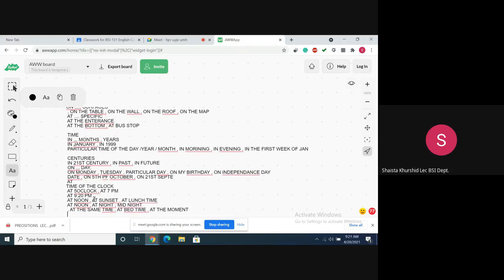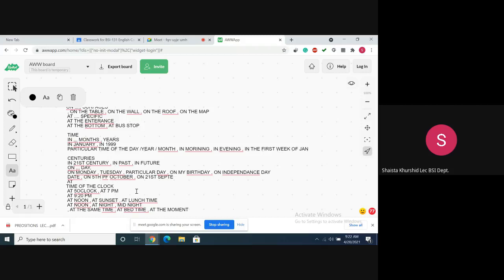Okay. So these are the three common prepositions that we normally use in our language, both in writing and in spoken communication. You must know at least where we use these very familiar prepositions, how we use at, how we use in, and how we use on, when we use them for places and timings.